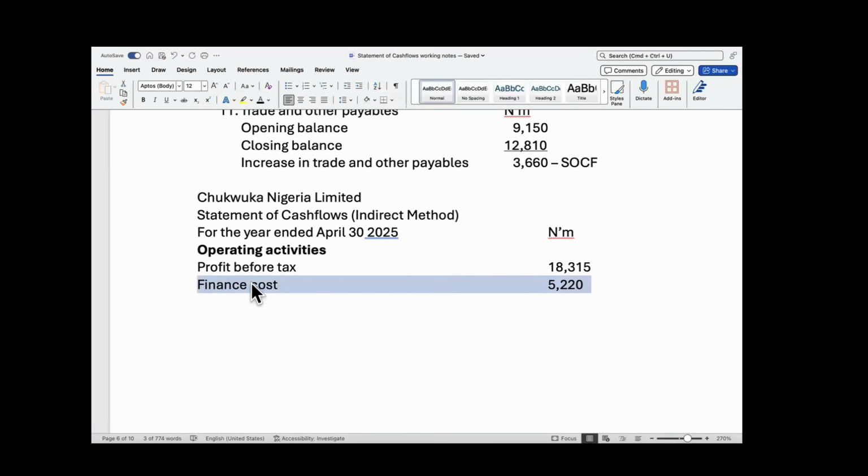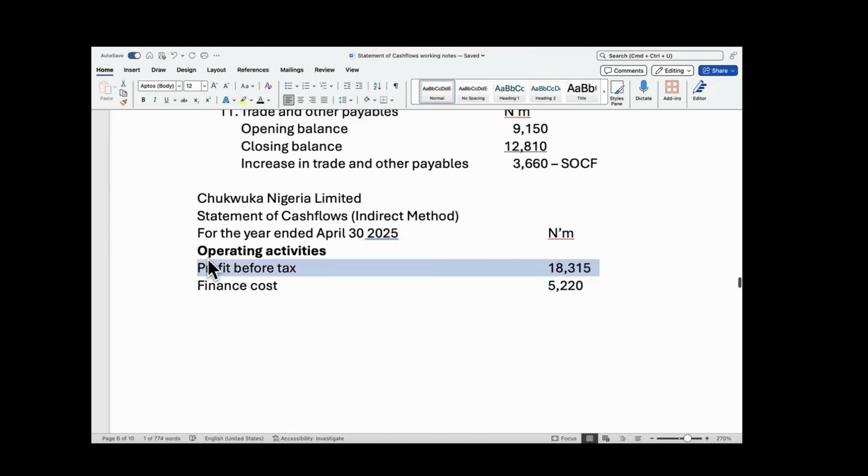So it's always confusing. Typically what I'm saying is that this item, I don't want to treat it in operating, right? And considering the fact that it has already been deducted here as an outflow, let me add it back. So I know that it is not in this profit again.